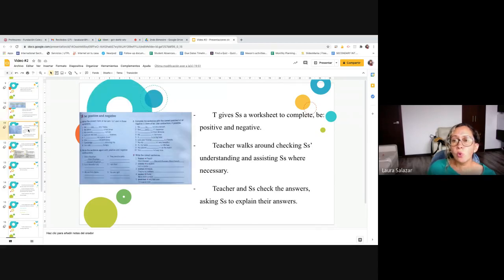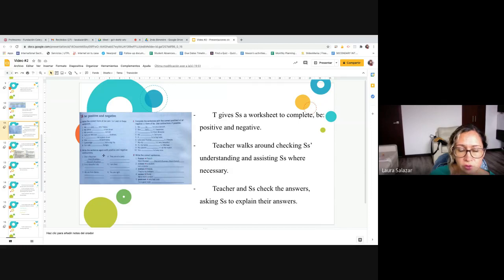The teacher gives students a worksheet to complete with be, positive and negative. Here is the worksheet that the students need to complete. In the first part, they need to write a correct form of the verb be with am, is, or are in these sentences. For example, they have the first sentence as an example: We are very happy. For the second section, they need to write the sentence again with positive and negative contractions.